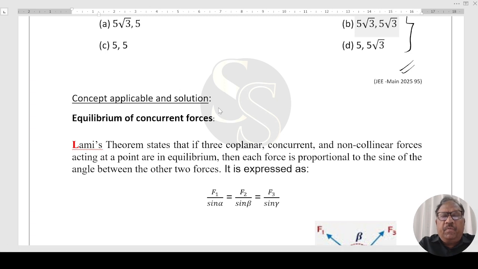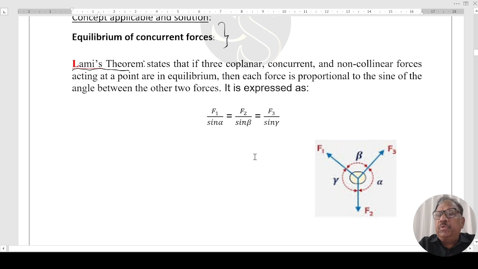Equilibrium of concurrent forces. Lami's theorem, which states that if three coplanar concurrent non-collinear forces acting at a point are in equilibrium, then each force is proportional to the sine of the angle between the other two forces. It is expressed as this one.